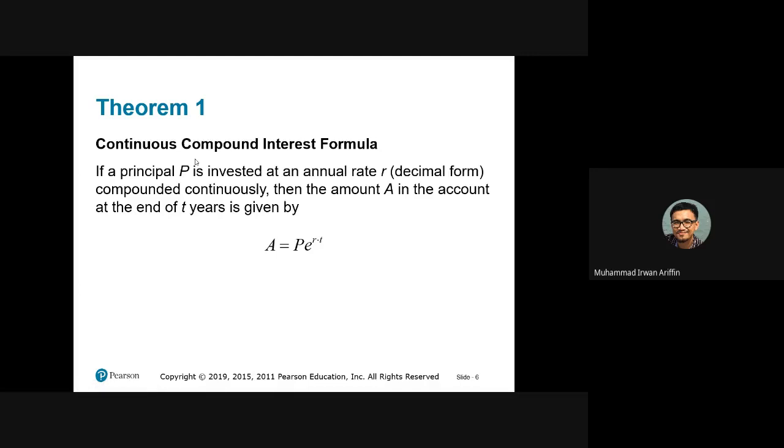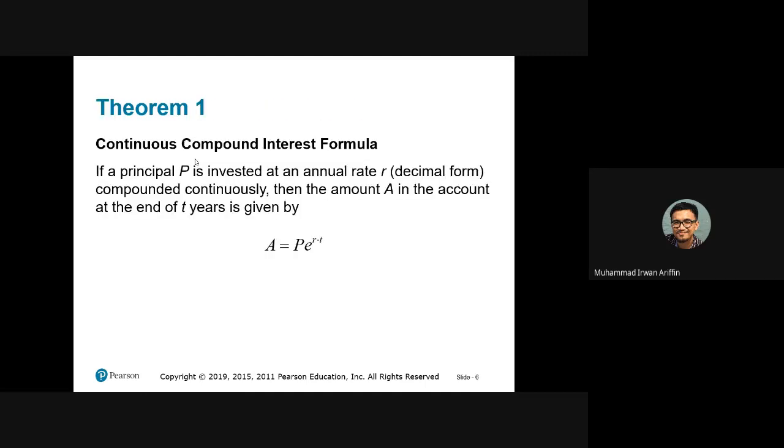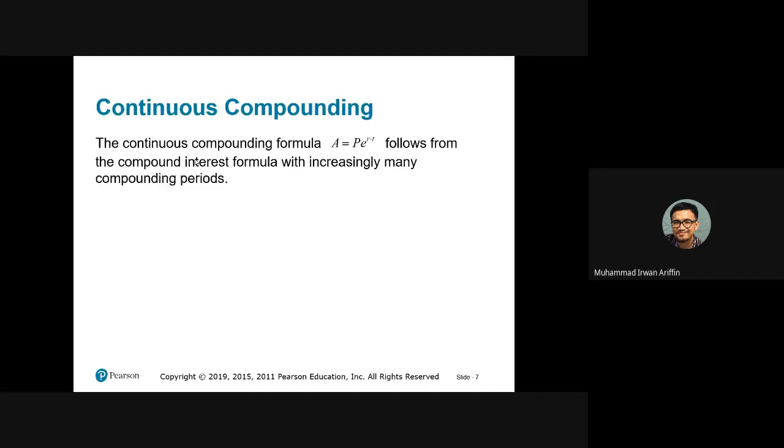So the continuous compound interest formula is given by this formula. These are all explanations, and I'm going to leave this to you.